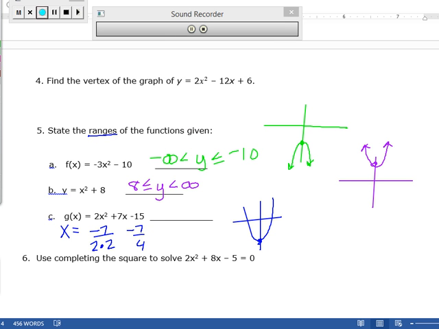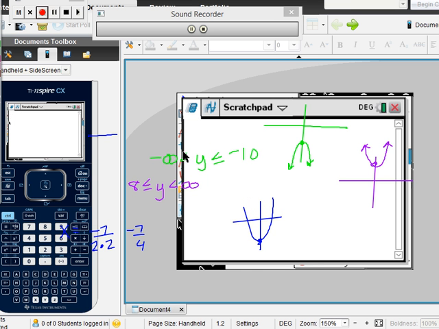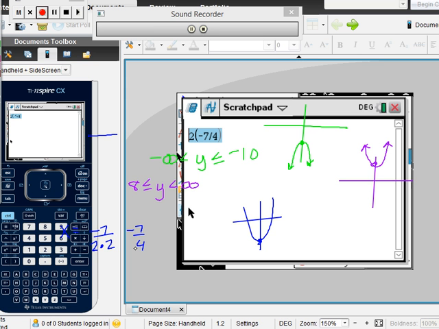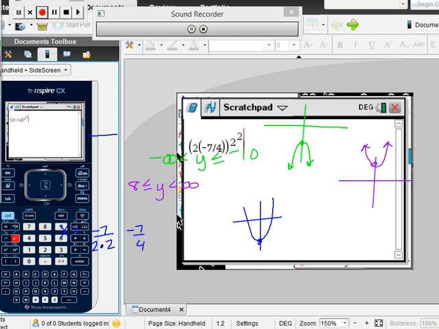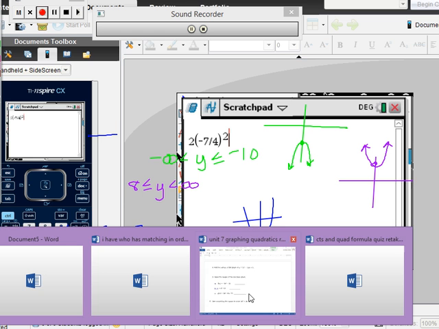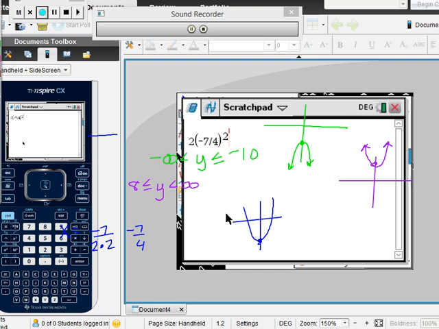So if we take our calculator and we plug in negative 7 over 4, we have 2, negative 7 over 4 in parentheses because it's negative, squared, plus 7x minus 15.